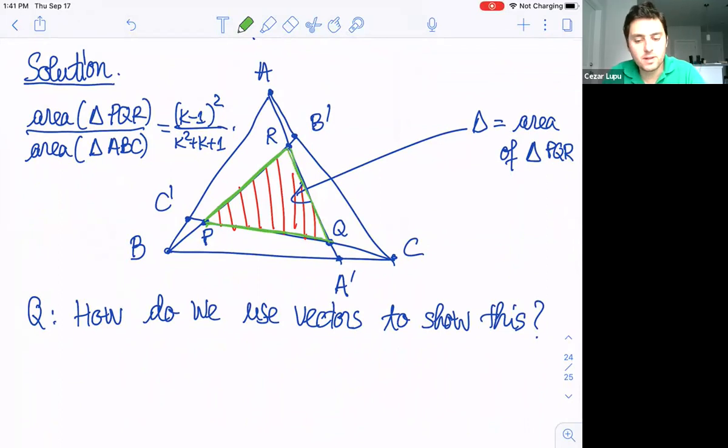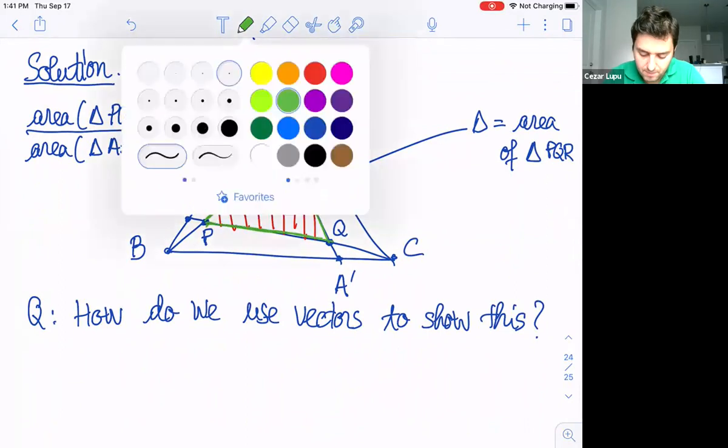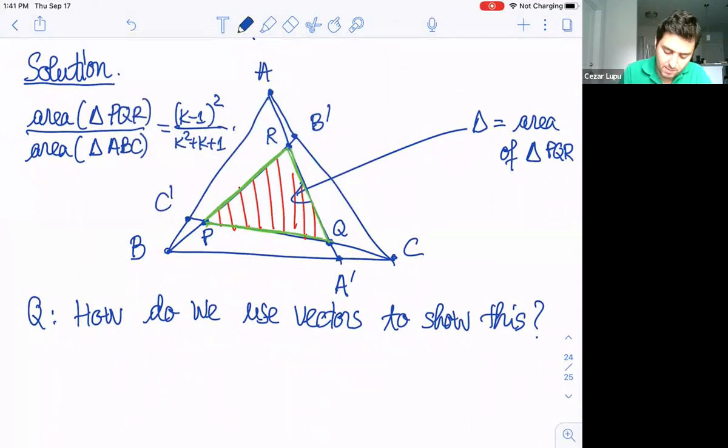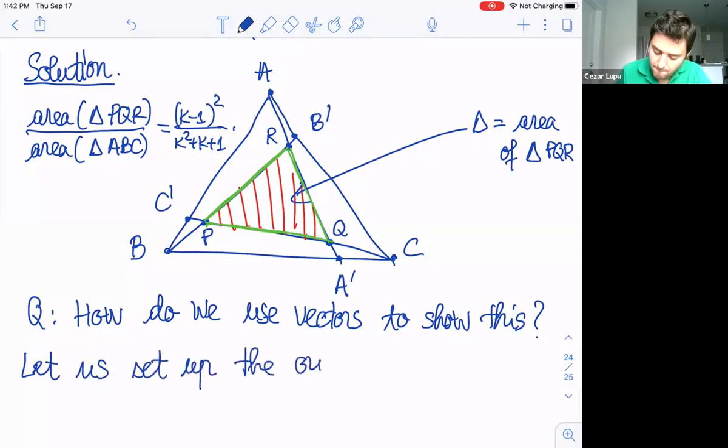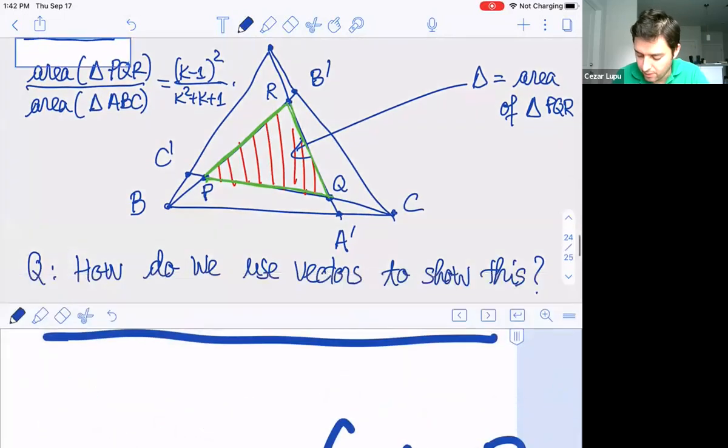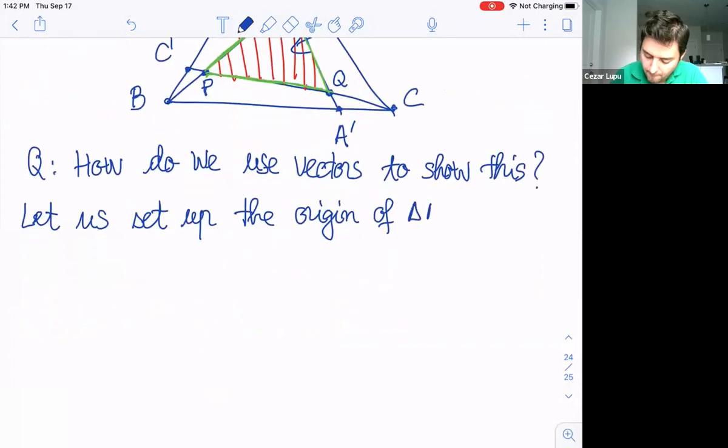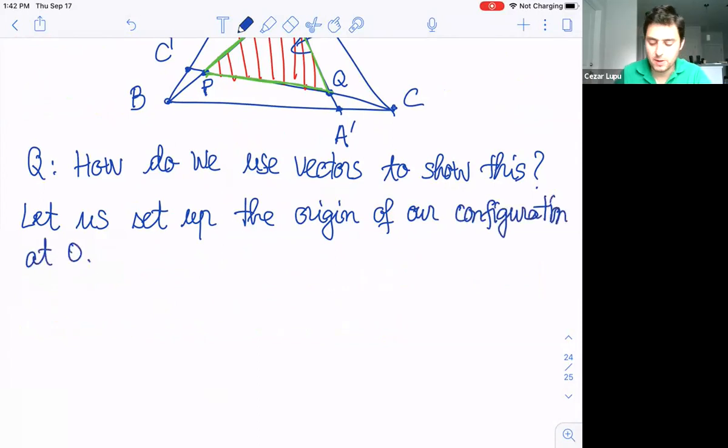So let me set the origin of the entire configuration at O. O is the circumcenter.